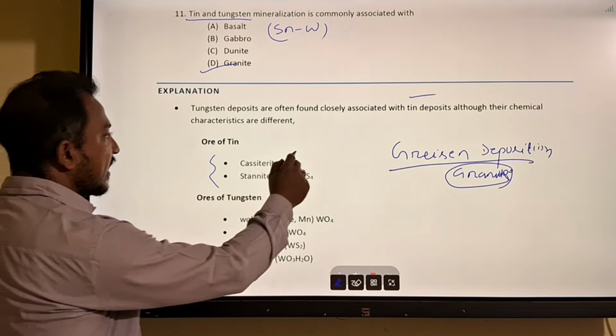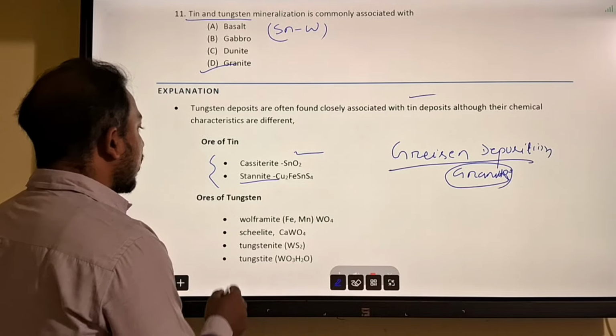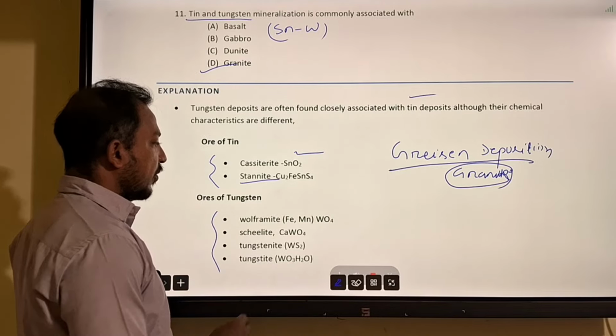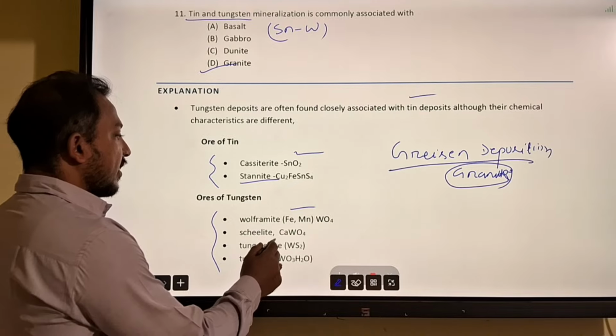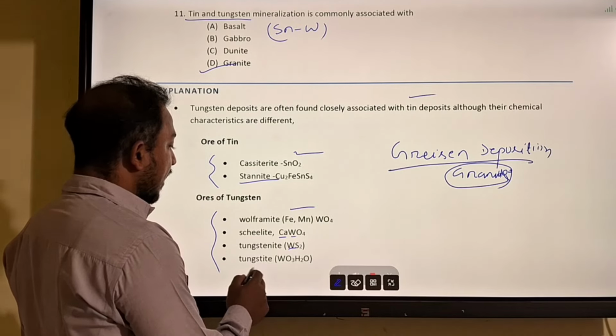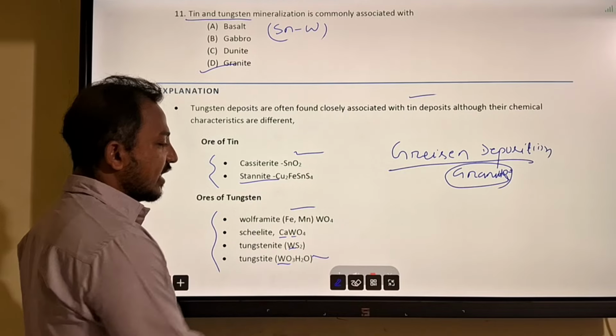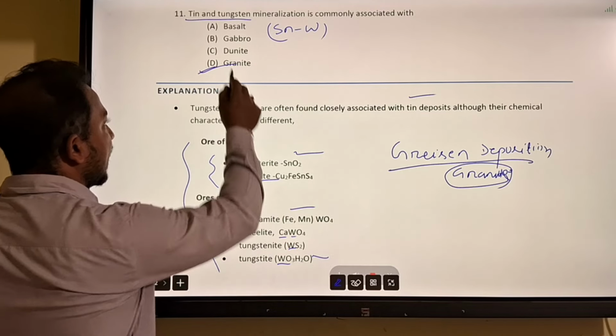These are the ores of tin, very important: cassiterite, SnO2, and stannite, which contains copper and iron. Then tungsten has four types of ore: wolframite, which is FeMn tungstate; then scheelite, which is CaWO4; then tungstenite, WS2; and tungstite, WO3, which is hydrated. These ores are associated with granite.